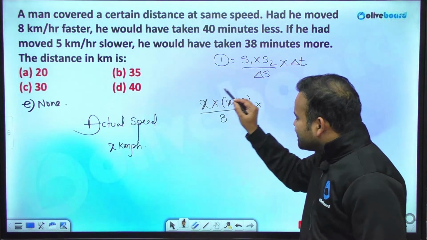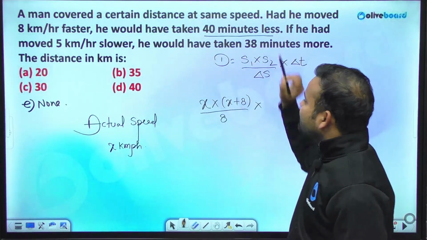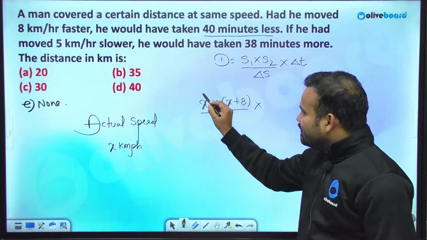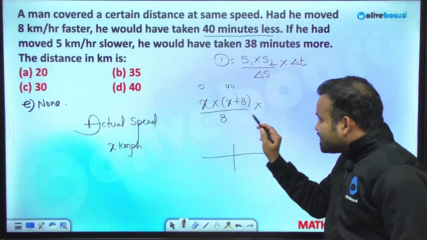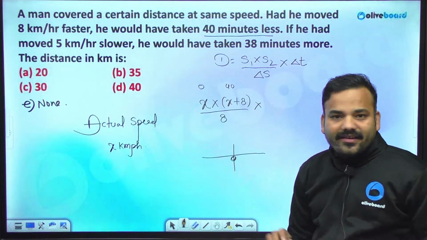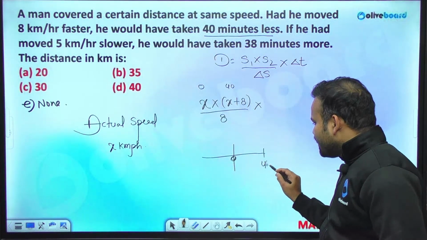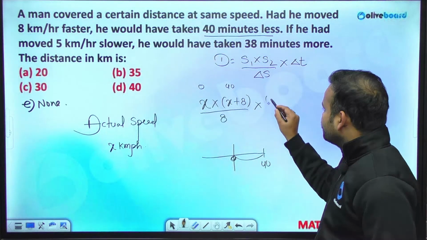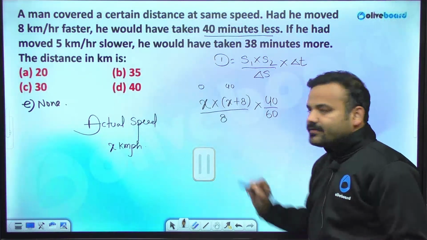And if he is increasing speed, he is reaching 40 minutes early, so difference of time will be 40 upon 60 to convert into hour.